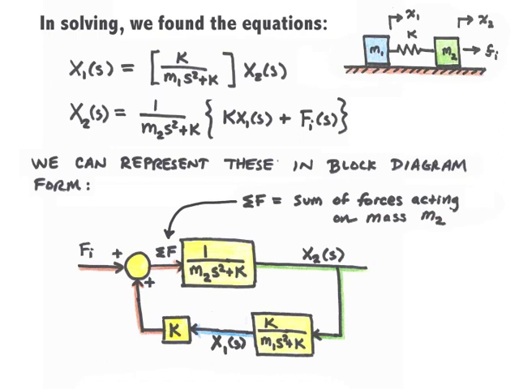The block diagram shows that the motions of mass 1 and mass 2 are coupled together, with the motion of x1 affecting x2 and then the motion of x2 affecting x1. I hope you found this feedback way of looking at the relationship between the motions of mass 1 and mass 2 interesting.